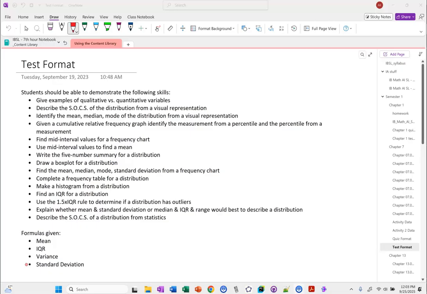If it's skewed or has outliers. When should you use standard deviation? Symmetric with no outliers. Right? You're going to have to answer this SOCS question more than once, so you want to make sure you're solid on being able to do that.